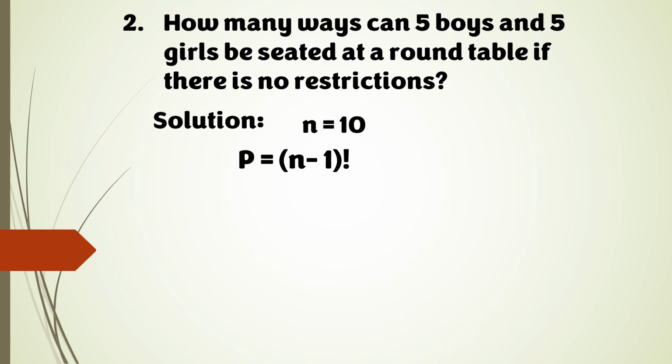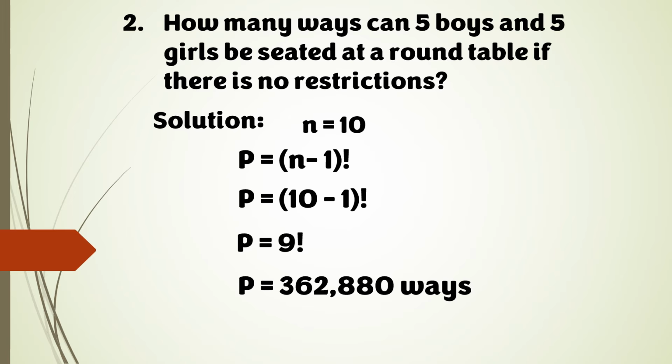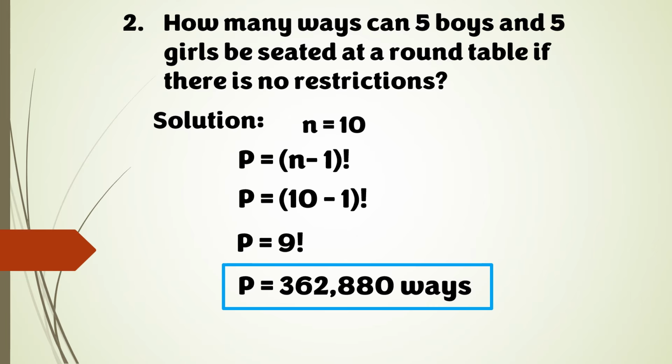And then substitute the value of n. So we have P equals the quantity of 10 minus 1 factorial. And 10 minus 1 is equal to 9. So we're going to determine now the value of 9 factorial. So we have P equals 362,880 ways.